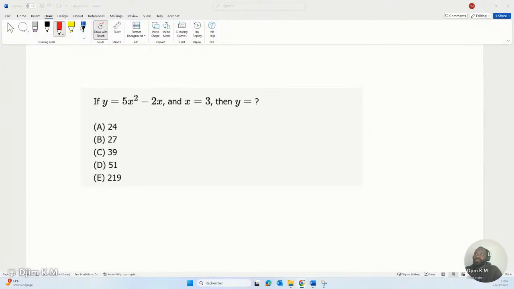Okay, so let's find the value of y. We know y is equal to 5x squared minus 2x. We have the value of x here, which is 3, so it will be 5 times 3 squared minus 2 times 3.